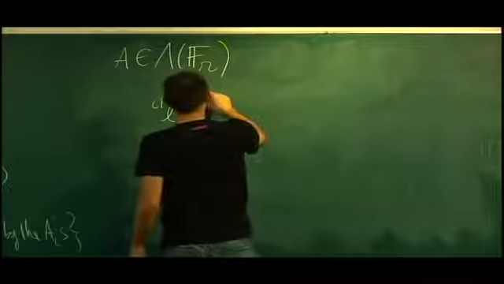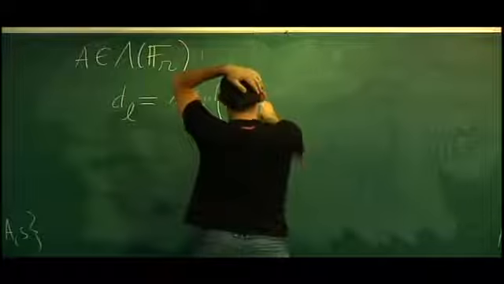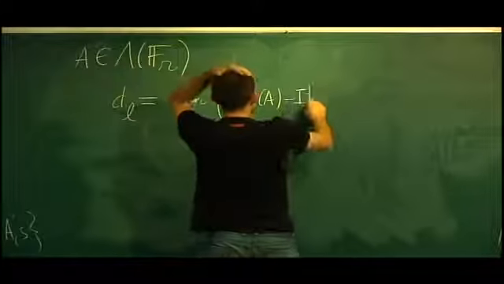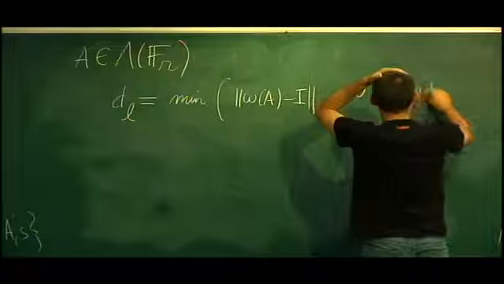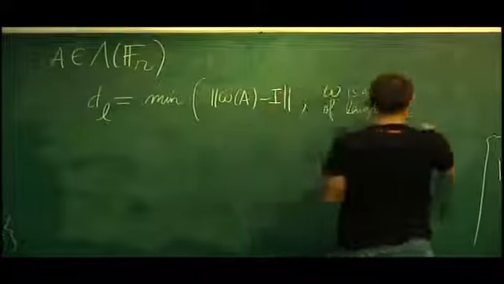So let us introduce the following number. d_L is equal to the infimum, so the minimum, of the distance between omega of A and the identity, where omega is a word of length bounded by L.